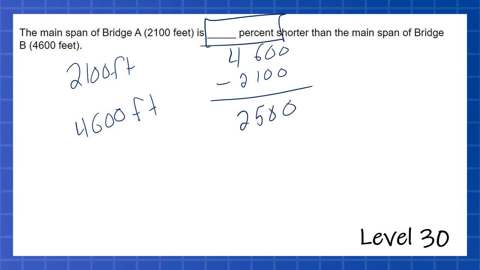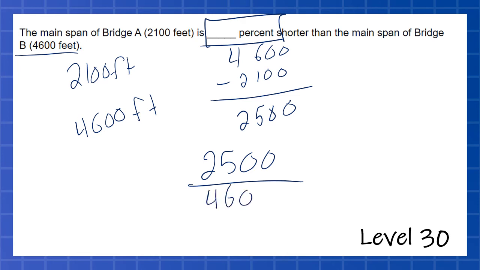Okay, so I need to put 2,500 on top, and on the bottom it says shorter than bridge B. So I'm going to put bridge B on bottom, so I'm going to put 4,600 right there. So if I go to my calculator, I say 2,500 divided by 4,600, and what I got is 54% shorter.